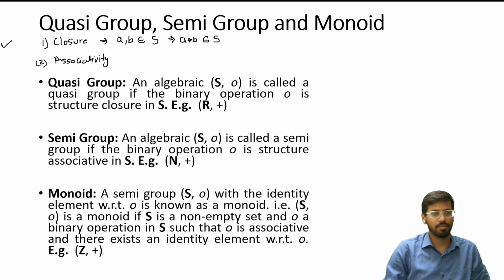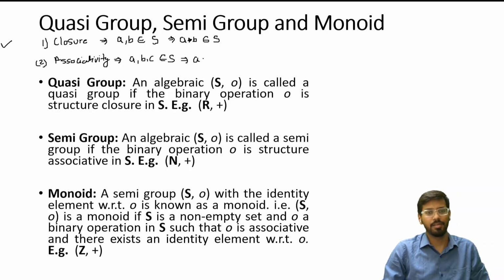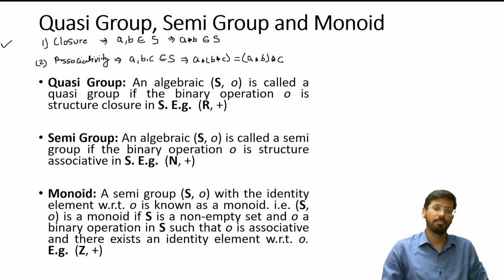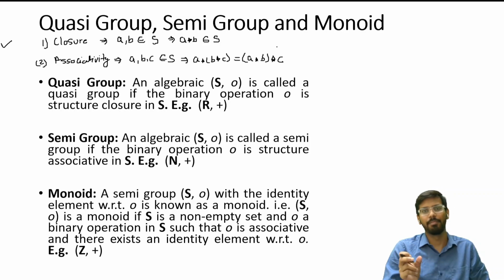That means if A, B, and C belong to some set S, then (A star B) star C should be equal to A star (B star C). मतलब किसी भी दो एलिमेंट क्लब करके तीसरे के साथ ऑपरेट करते हैं तो वो बाकी बचे हुए दो एलिमेंट को थर्ड के साथ ऑपरेट करने के बराबर होगा.